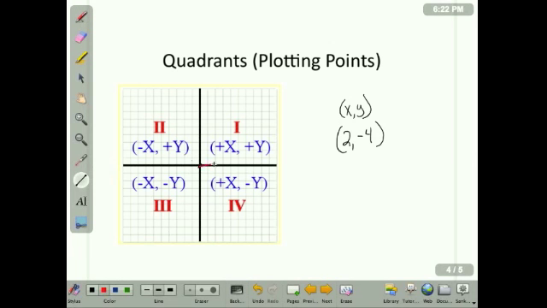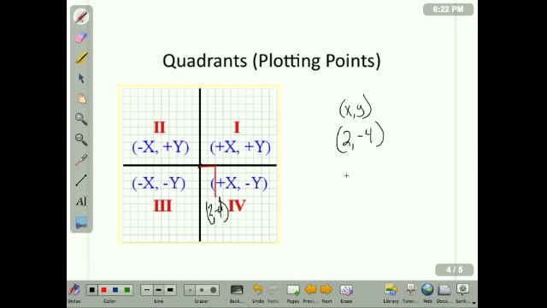That's my positive 2 on my x-line, and then I'd move 4 digits down. And then I would plot my point here as 2, negative 4.